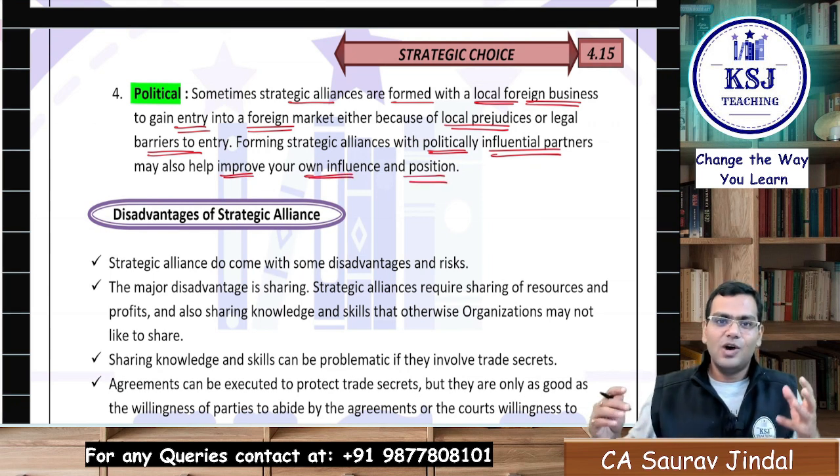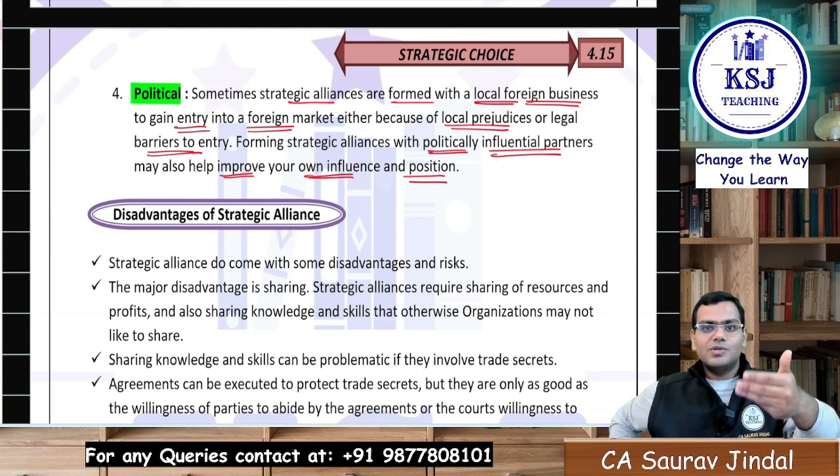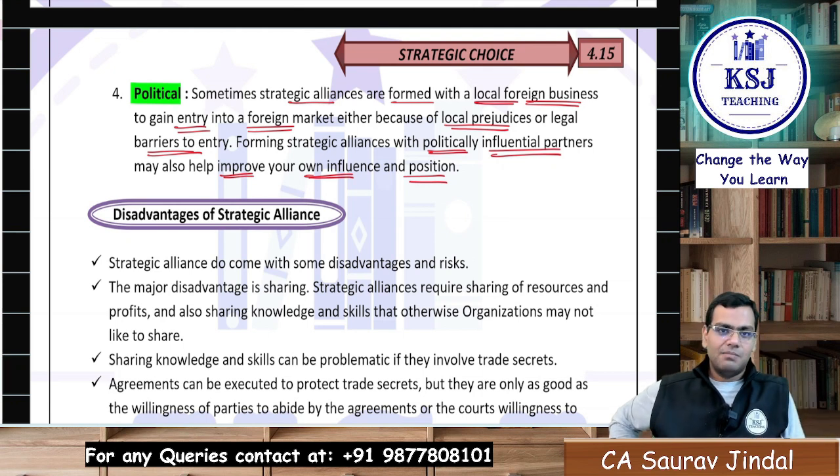So if you make a strategic alliance with Mr. Ambani, who is a politically influential person, then you can improve your position, because tomorrow a lot of people will know you also, that you are the strategic alliance partner of Ambani. Right? So people will start knowing you also.